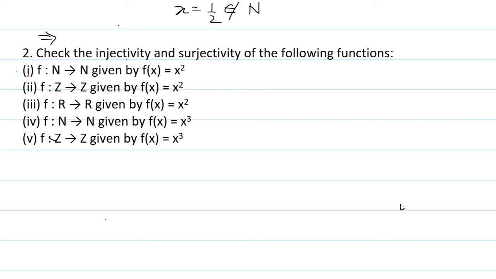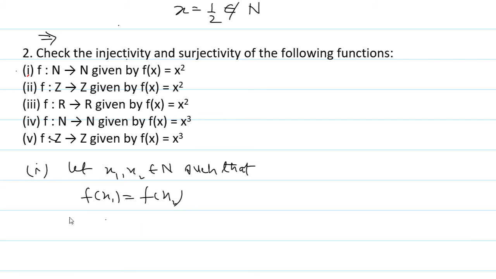Let us do the first part. Let us assume x1, x2 belonging to the domain N such that f(x1) is equal to f(x2). Now applying the definition of function, it is x square.